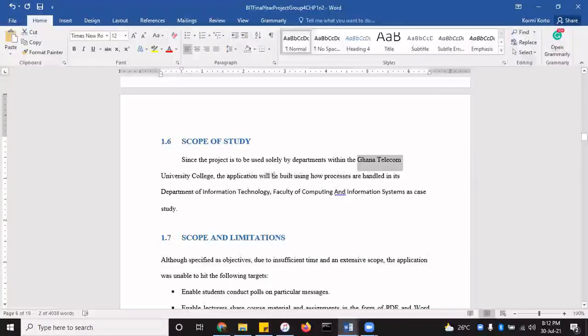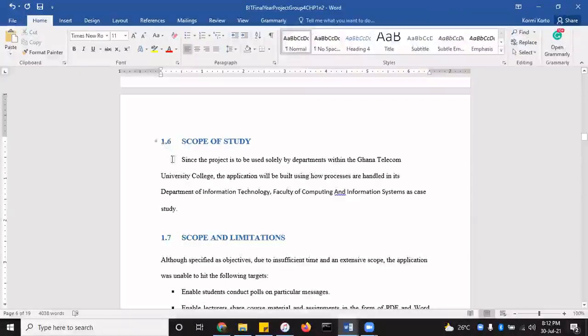The application will be built using how processes are handled in its department of information. To the English, guys. You catching on, guys? Yes, sir. So you notice that the English is not adding up, right? Yes, sir. Yeah, it's not adding up.